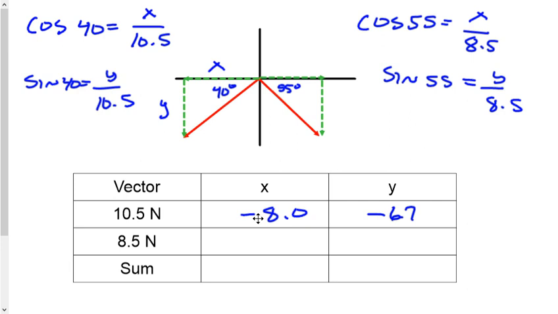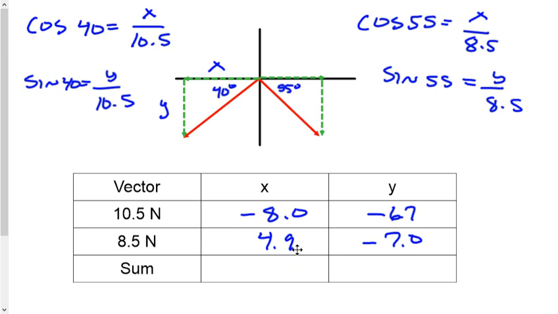And that's going to come out to be equal to 4.9 for the x, and the y a negative 7.0. Now one more time, let's see where those negative and positive values come from. We're now in quadrant 4. The x direction is positive there, but the y direction being downwards is negative. So when we do standard vector addition, we've got to keep track of our plus and minus signs.